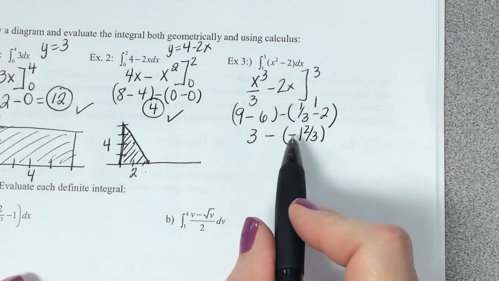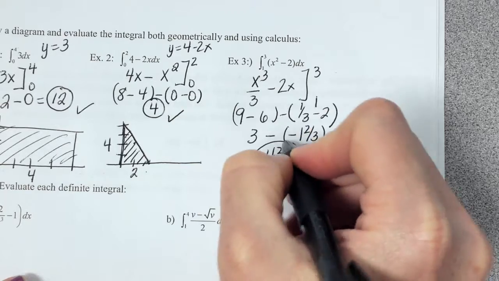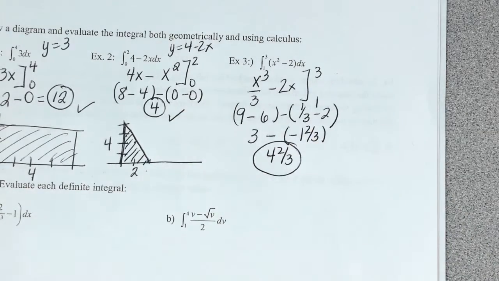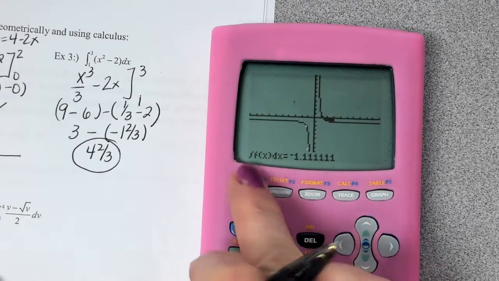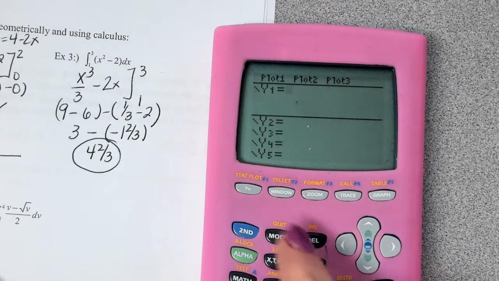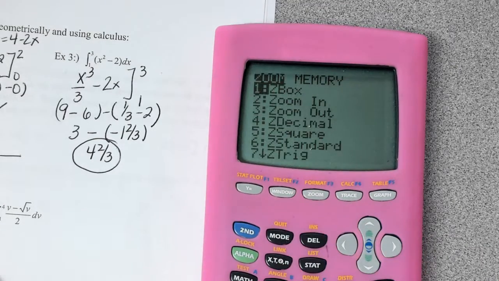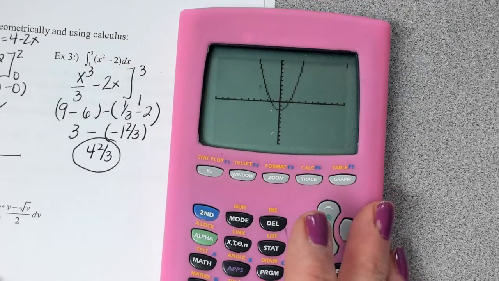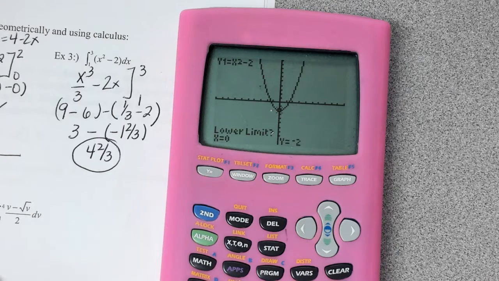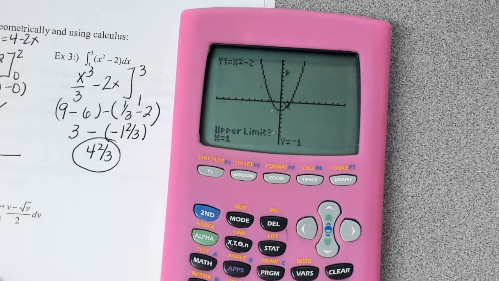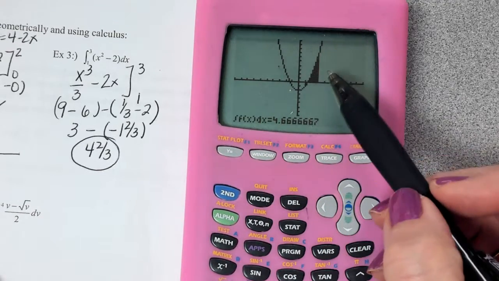So if I have 3 minus negative 1 2/3, that's going to give me 4 2/3 as the answer. So what that is actually finding is when I have my function x squared minus 2, and I look at that function, and I say second, calculate number 7, the lower limit is 1, the upper limit is 3, and it tells me it's 4.6 repeating.